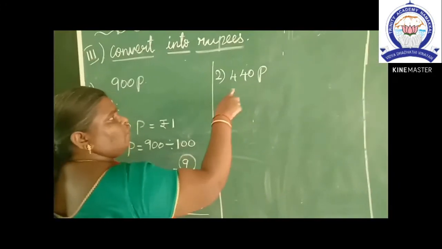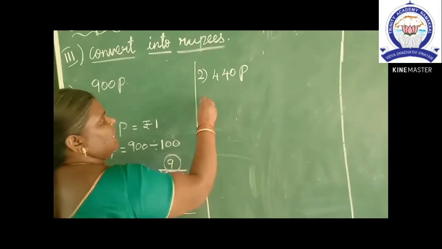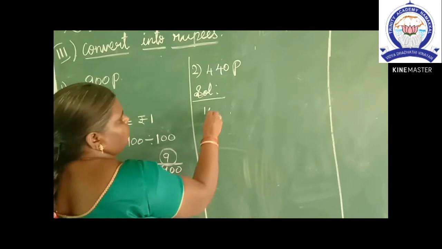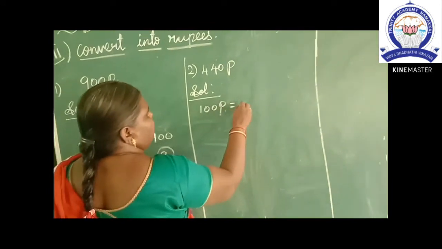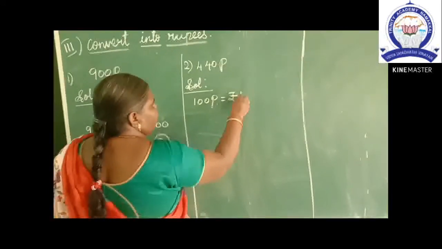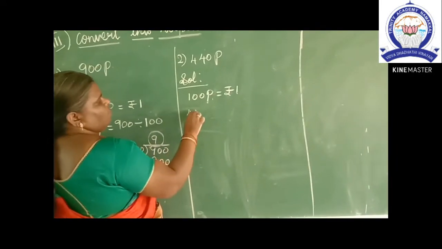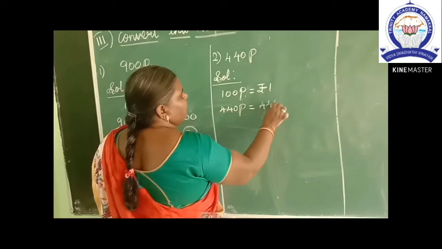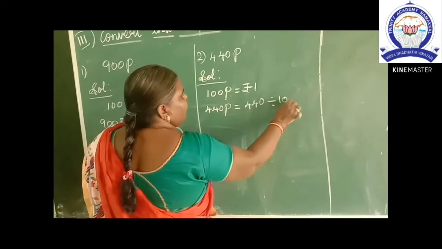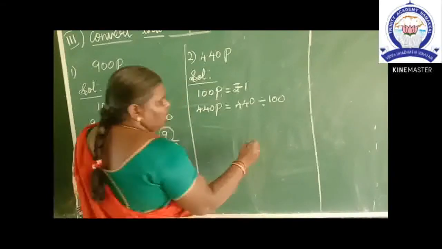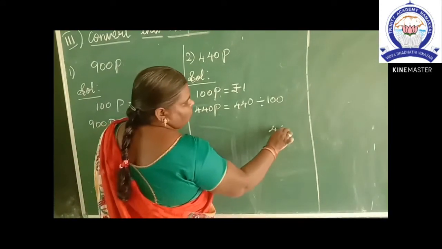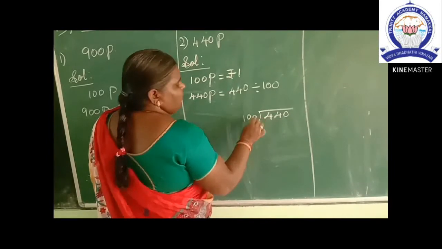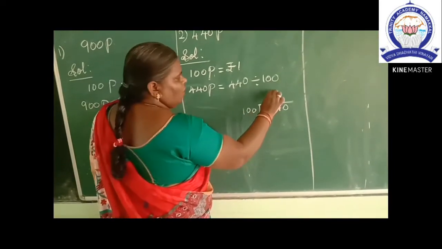440 paise. First you write 100 paise equal to 1 rupee. 440 paise equal to 440 divided by 100. First you divide 440 divided by 100. 4 hundreds are 400.